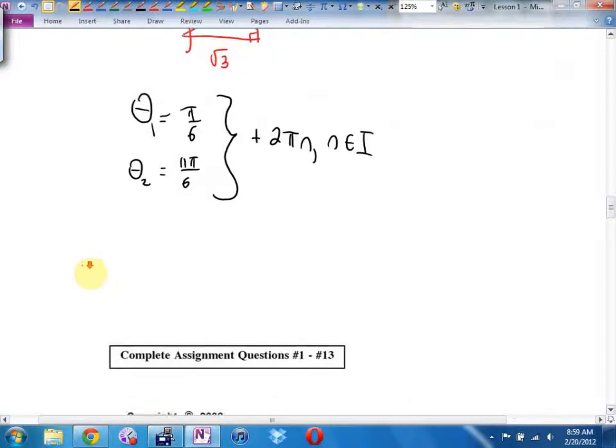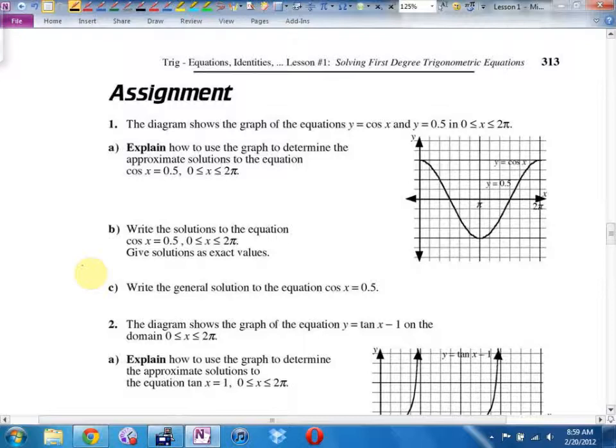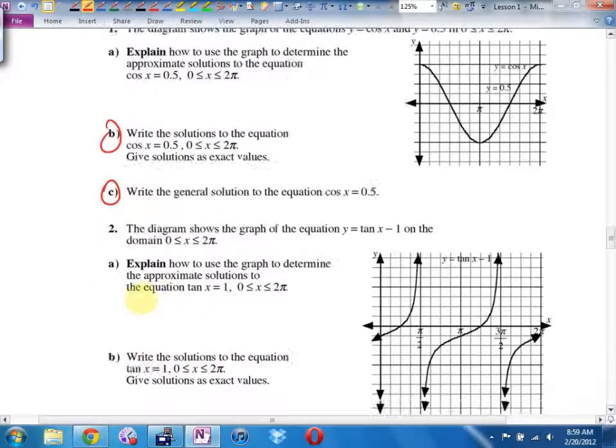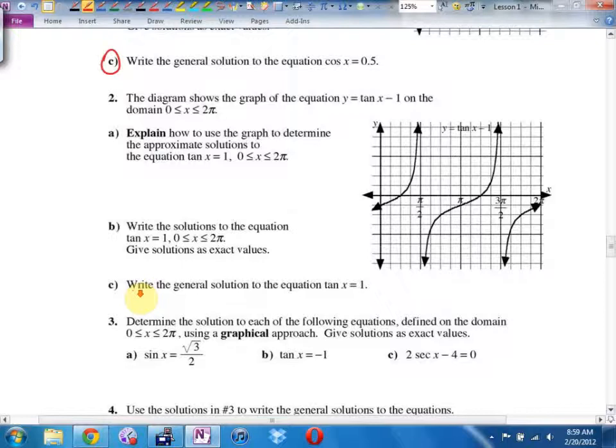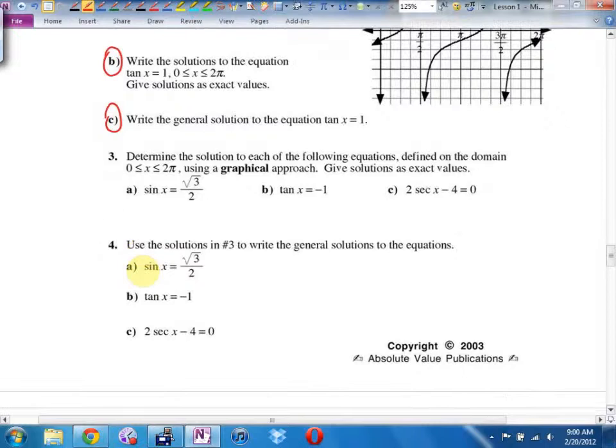What's your homework? 1 B and C. 2 B and C. Do number 3, but do not use a graphical approach.